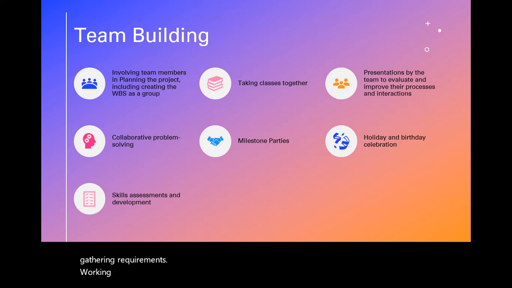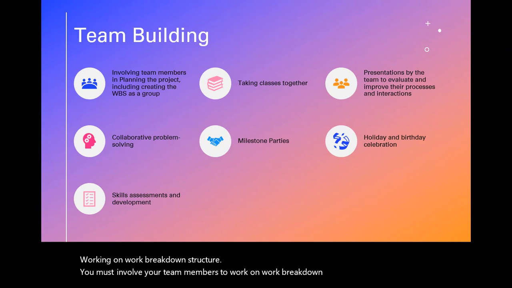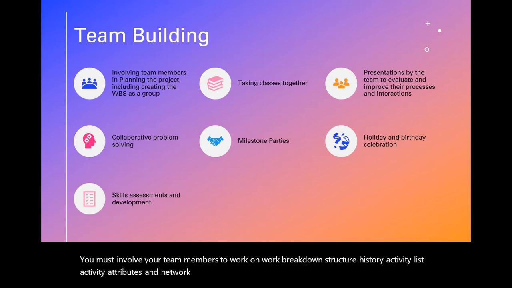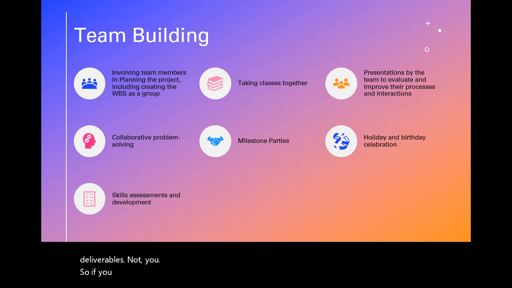You must involve your team members to work on the work breakdown structure, work breakdown structure dictionary, activity list, activity attributes, and network diagram, because they are the people who will produce deliverables, not you. So if you involve them, they will own the activities of the project.